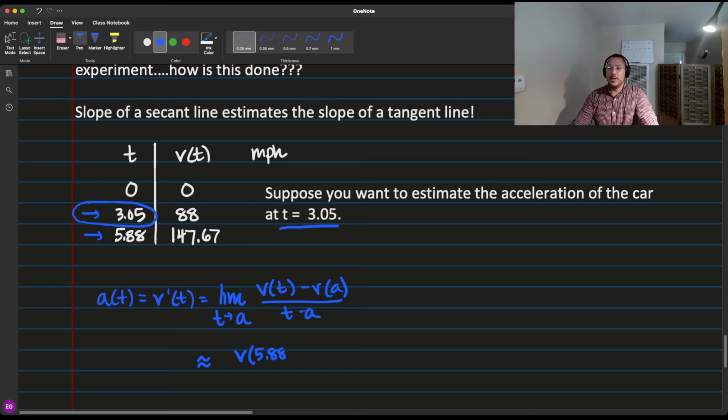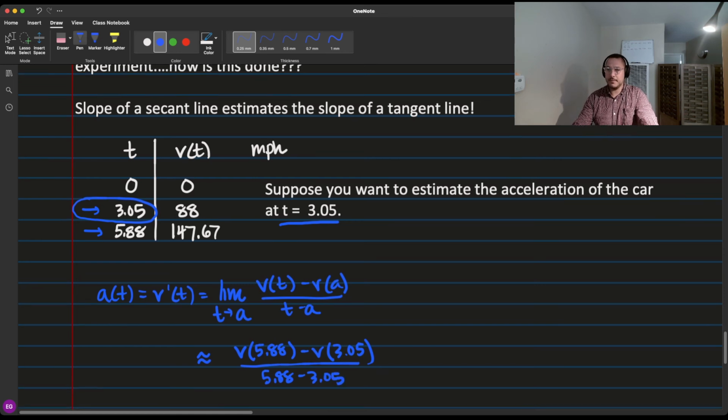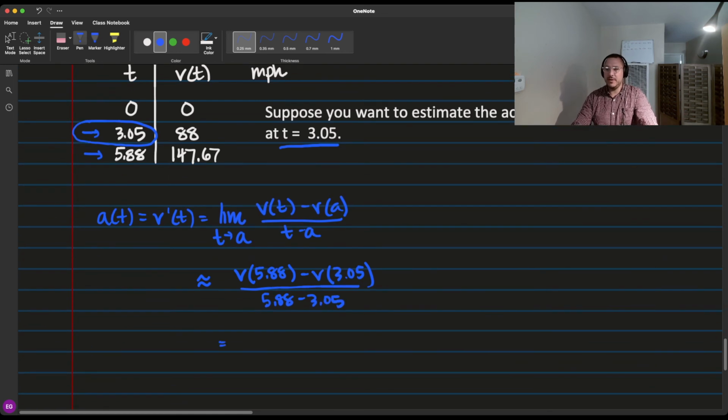So your second point, your t, could be 5.88, so we would do v of 5.88 minus v at 3.05 over 5.88 minus 3.05. So v at 5.88 is 147.67.